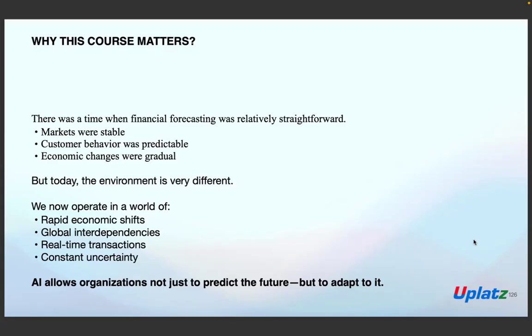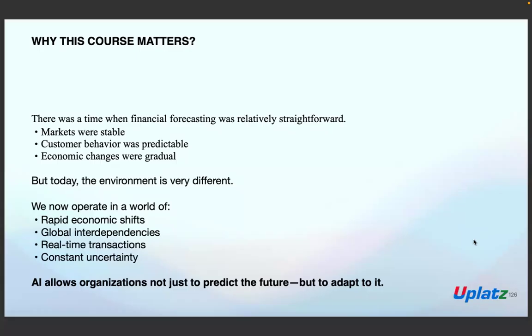Markets were stable, customer behavior was predictable, economic changes were gradual. Organizations relied on historical trends, spreadsheets, and periodic planning cycles. And for a while, this worked.